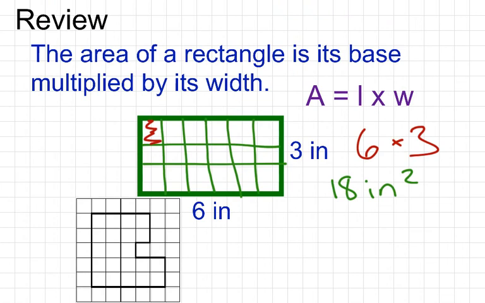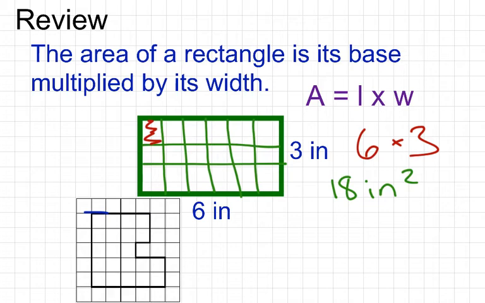Now we can apply that to a shape like this, of course, when we have complex shapes. We can fill up the grid and we can see where that aligns. And that is what we are going to practice doing today.